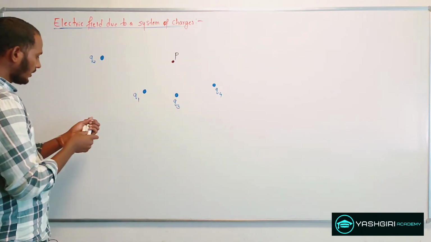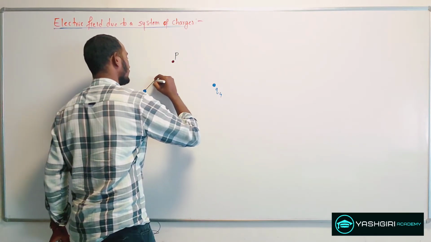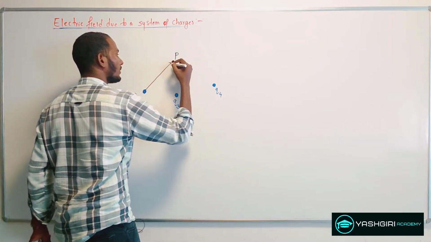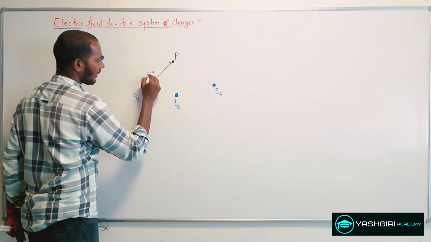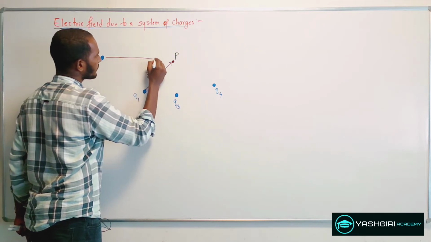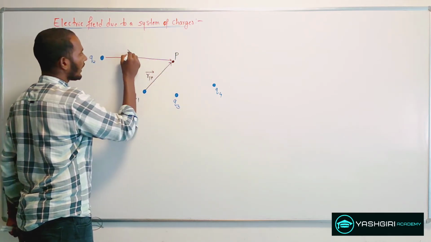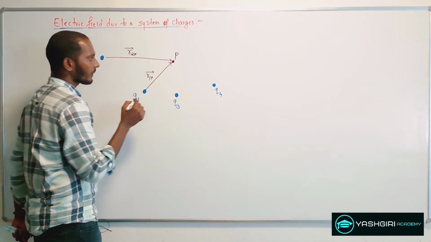So here let me show the position vector from this charge Q1 to this point P, and let this be called vector R1P. In the same way I can show it for the charge 2. So here I can call this my vector R2P.